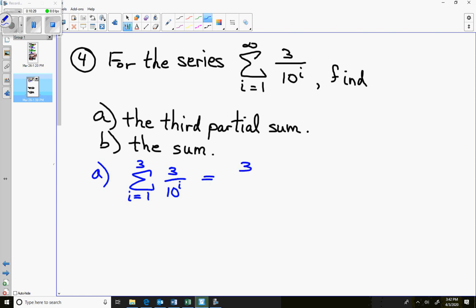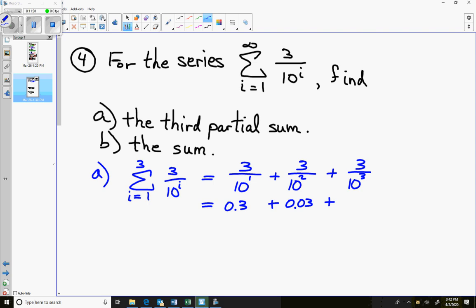So first time through the loop, it's going to be 3 over 10 to the power of 1 plus 3 over 10 to the power of 2 plus 3 over 10 to the power of 3. And as much as you know I generally don't like decimals, we're going to do these as decimals. So 3 over 10, I'm going to write that as 0.3. 3 over 10 squared, 3 over 100, 0.03.